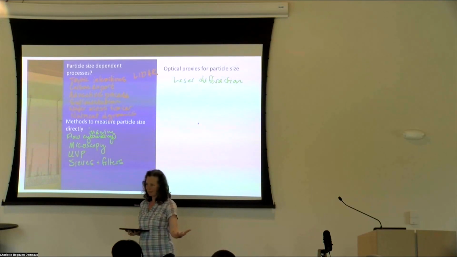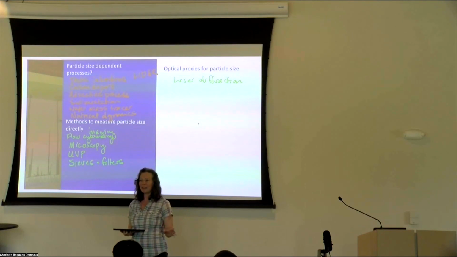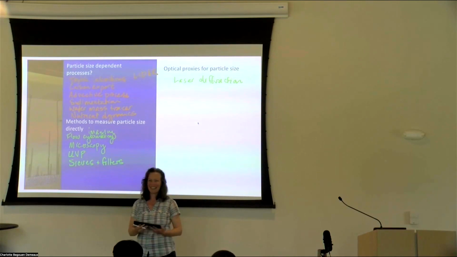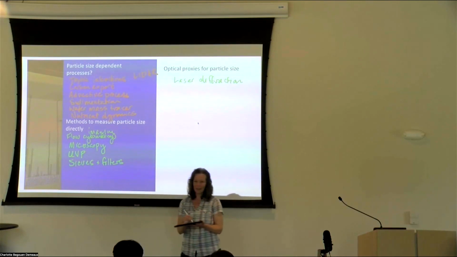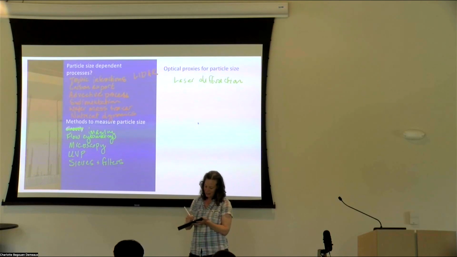Actually, nobody has said Coulter counter yet. Has anyone used a Coulter counter, or read about one maybe? No, you're right, it's not an optical proxy either. So maybe we should say not directly, but not optical proxy.